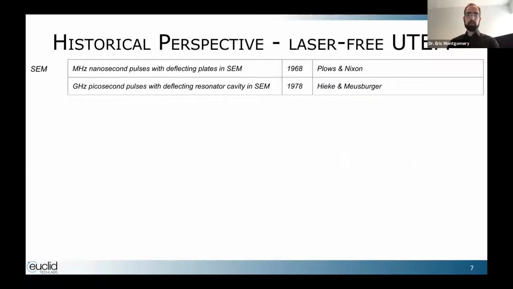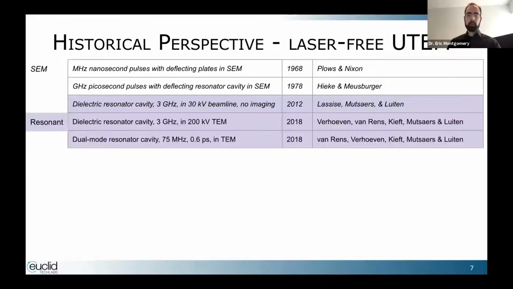So laser-free UTEM has seen its development over a similarly wide period of time, starting in the SEM community with somewhat smaller ranges of frequencies, and then moving more recently into resonant deflectors in TEM columns at 200 kilovolts, some very nice work coming out of the Netherlands with a 3 gigahertz resonator as well as a dual mode resonator.